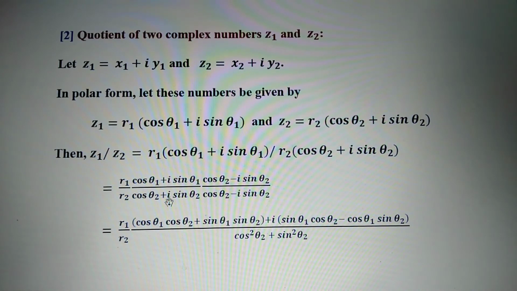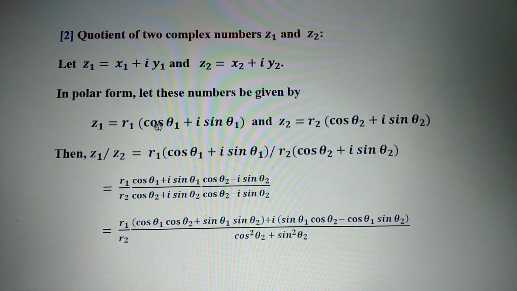Next we will take the quotient of two complex numbers Z1 and Z2. So again consider Z1 is equal to x1 plus iy1 and Z2 is equal to x2 plus iy2.